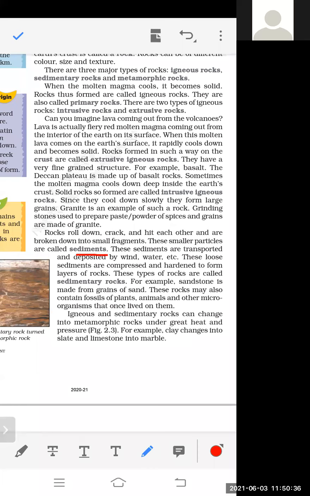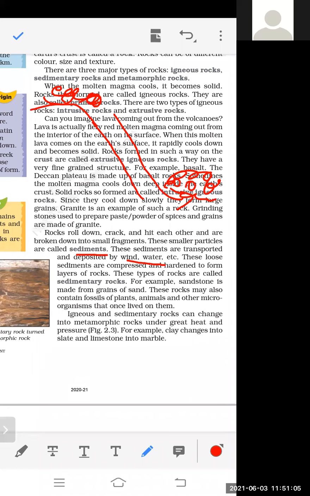So these sediments are transported by the wind, water, and glaciers. They transport this material from the hilltop, from the rocks, to the lower part of the hill, and begin to deposit these sediments here. Layer after layer, these sediments are deposited by these agents.